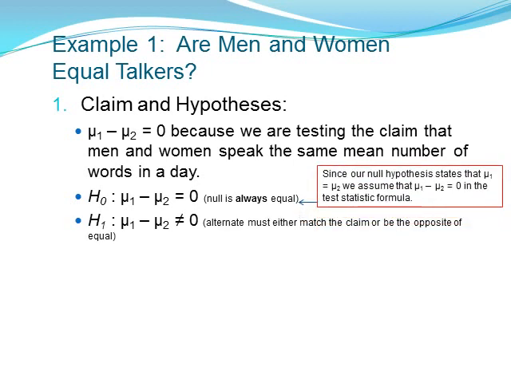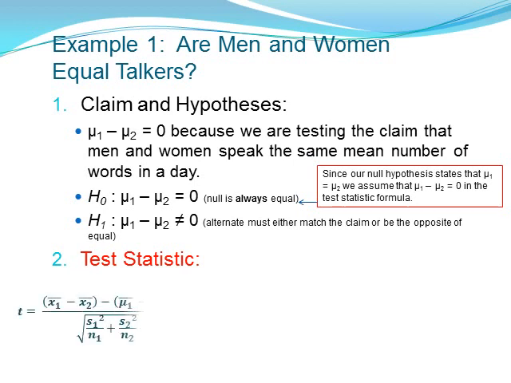And then our alternate hypothesis states that mu sub 1 minus mu sub 2 is not equal to 0. So the alternate must either match the claim or be the opposite of equal. Since our null hypothesis states that mu sub 1 is equivalent to mu sub 2, we're assuming they're equal, then in the test statistic formula we assume that the value of mu sub 1 minus mu sub 2 is 0.